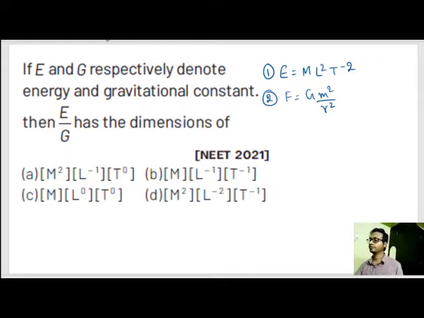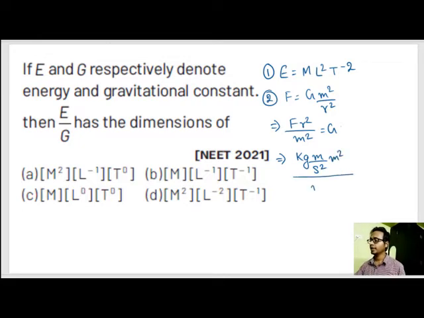Now, G is equal to F r square by m square. Force has units of kg meter per second square, r square has a unit of meter square, and m, which is mass, has a unit of kg square.